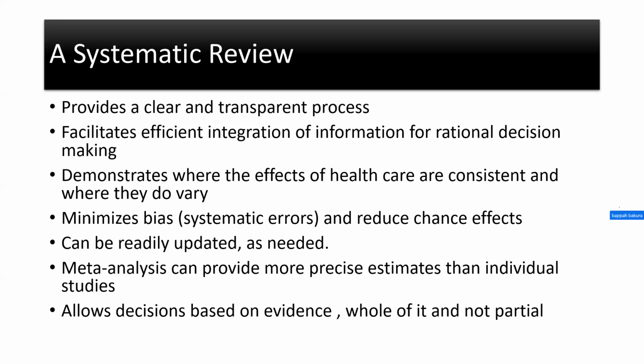So it doesn't go into the guidelines. So systematic review, whether it is done on randomized controlled trials or cohort studies or case control studies, gives a recommendation whether the results are sound or not.